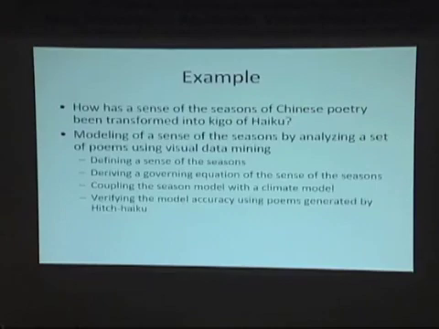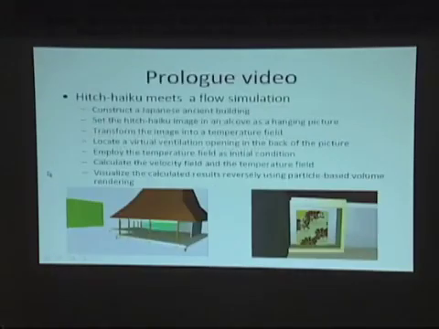Actually, the definition of the sense of seasons is the first stage, and then that is transformed to numerical modeling, and then it is coupled with climate modeling, and haiku groups and clusters are the next step you can walk into.